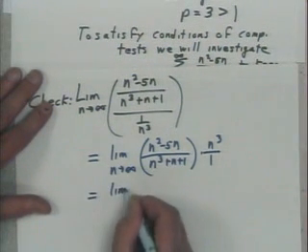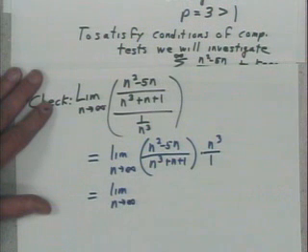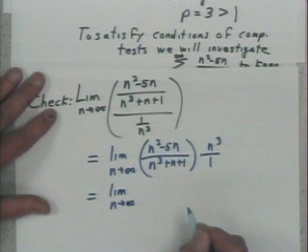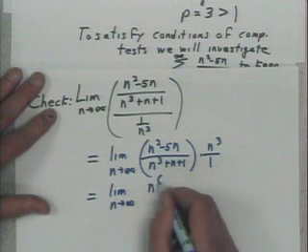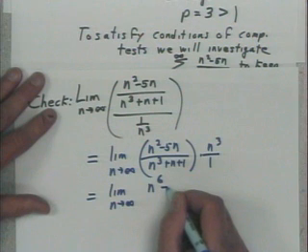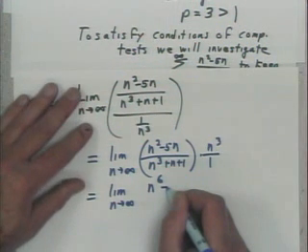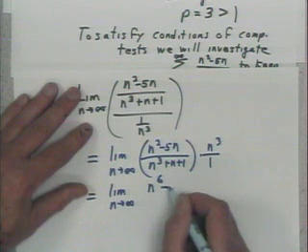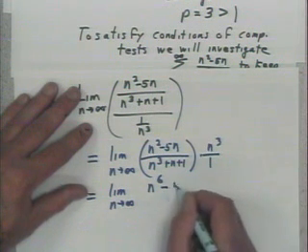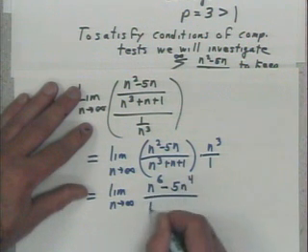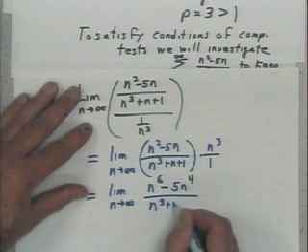Which is the same as taking the limit as n approaches infinity of what? n to the 6th minus 5n to the 4th over n cubed plus n plus 1.